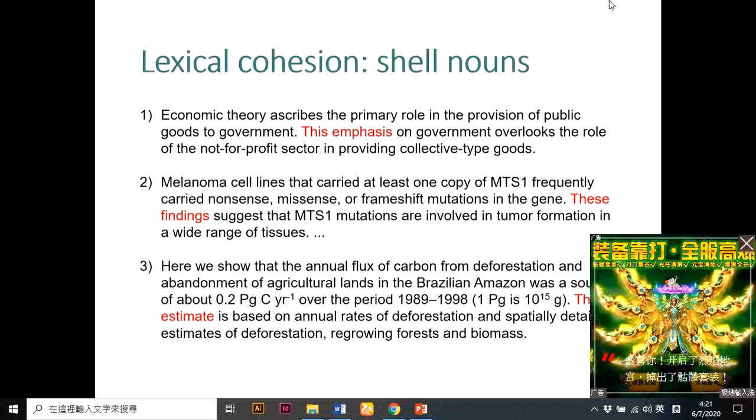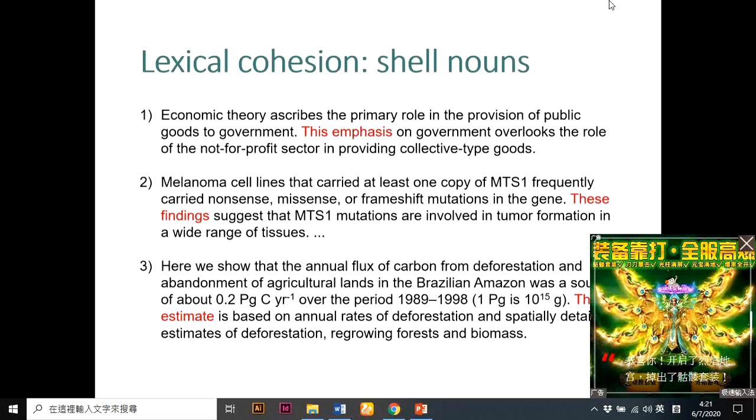The second example contains two sentences. It begins with the results of some scientific research, and then it continues with the shell noun, these findings, which refers back to all of the information in the previous sentence.